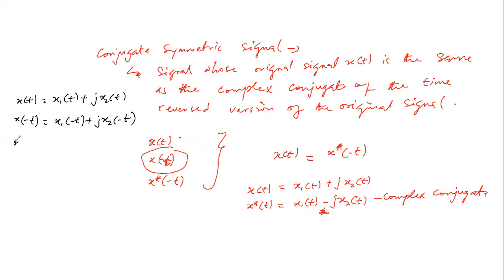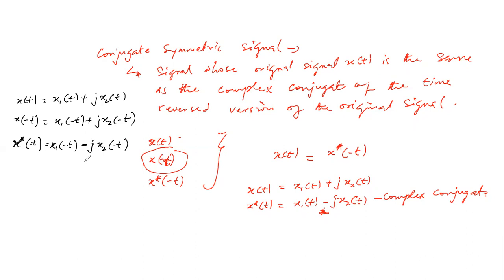Then the complex conjugate of the time reversed version of the original signal will be given as S1 of minus t minus jS2 of minus t.